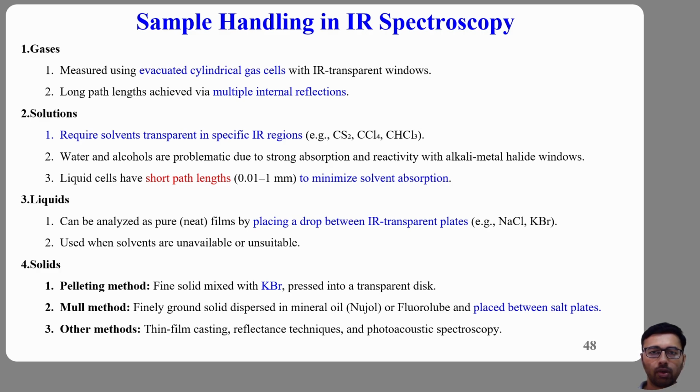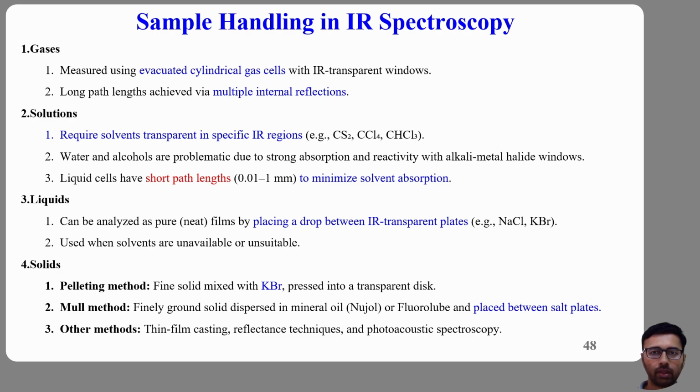Common IR solvents include carbon disulfide, carbon tetrachloride, and chloroform. These solvents contain relatively simple bonding patterns and exhibit fewer strong absorptions in critical regions. This minimizes interference.